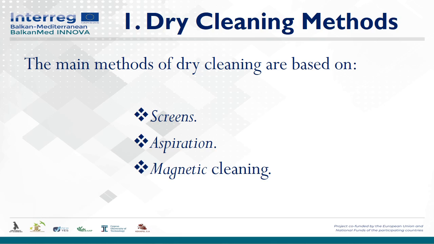Using different air velocities, it is possible to separate materials with different densities. High density material will drop down, while low density material will be moved away by the pressure of the air. These cleaning methods provide high separation, but require lots of energy for the air streams.